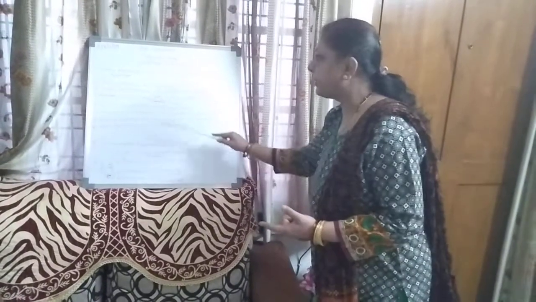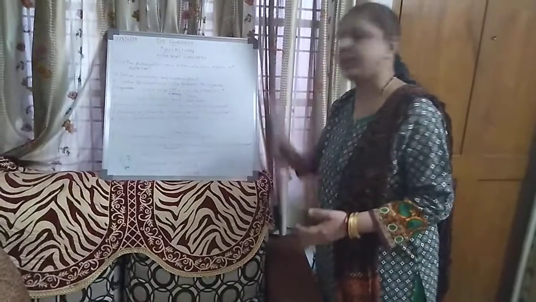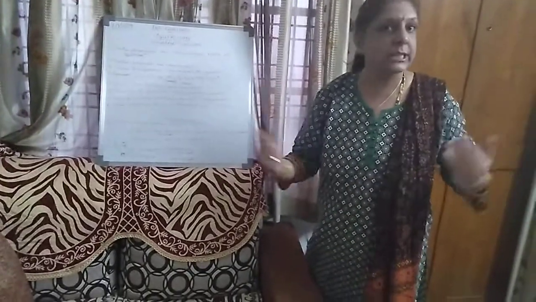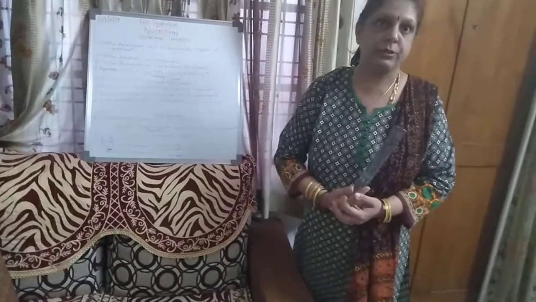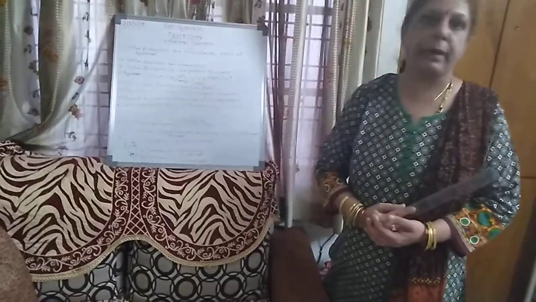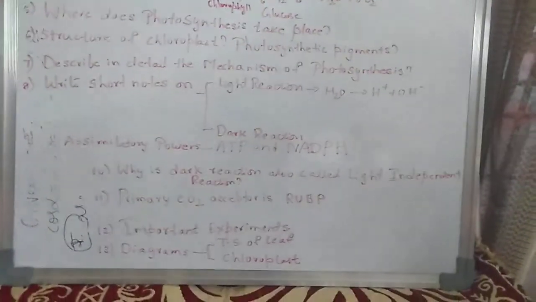Sunlight is necessary for photosynthesis, and chlorophyll is also important and most necessary for photosynthesis to take place. So these are the following experiments which you need to stress. And what are the other important diagrams that you have to practice in this concept? They are the TS of leaf and the structure of chloroplast.